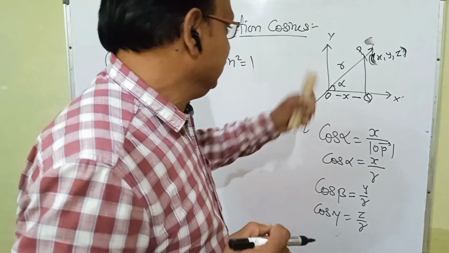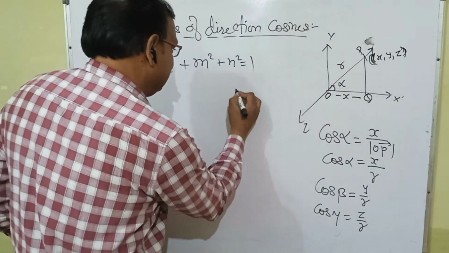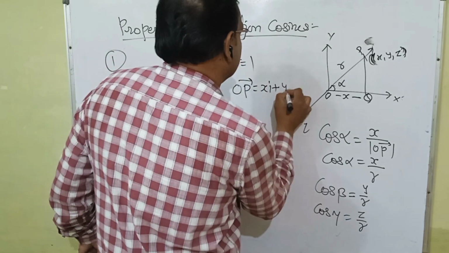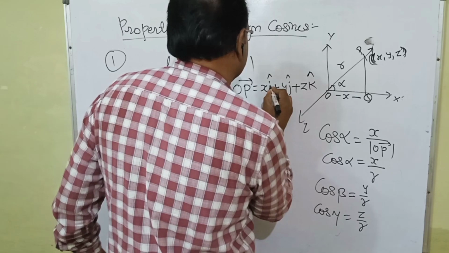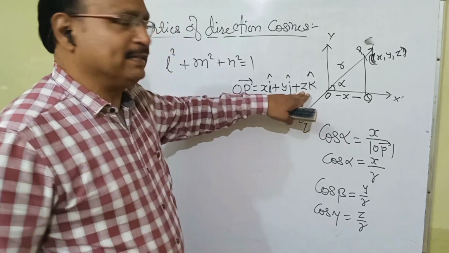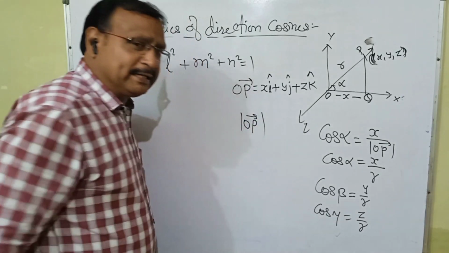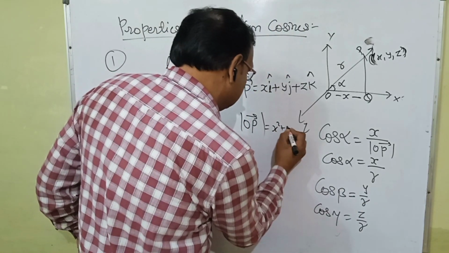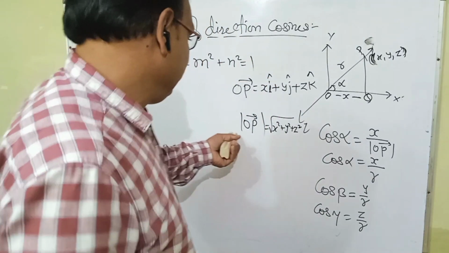Then we can easily write OP vector is equal to x i cap plus y j cap plus z k cap. So what is the magnitude of OP vector?